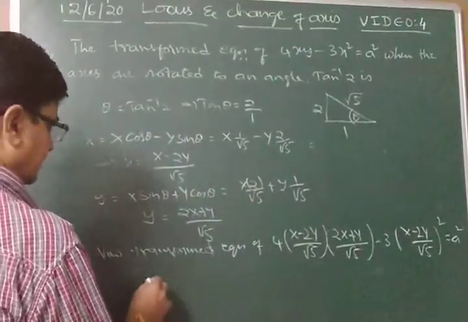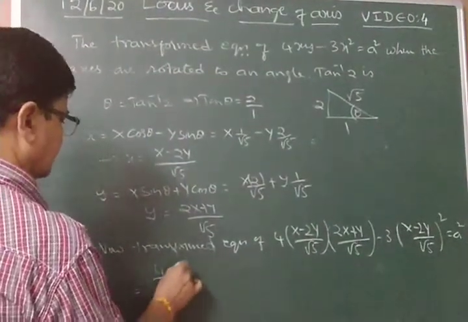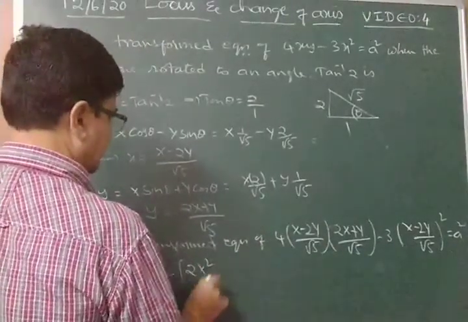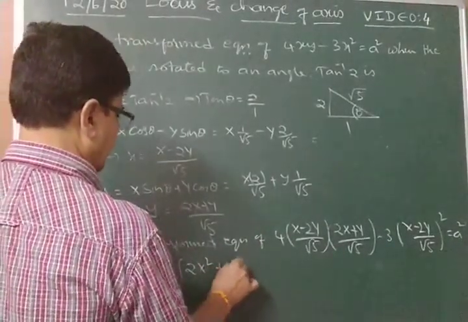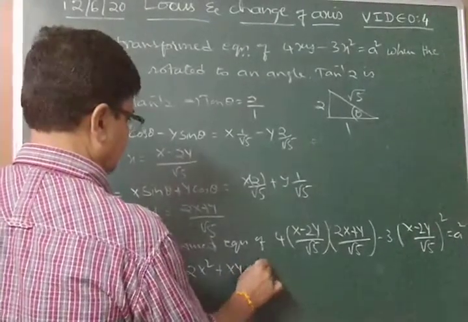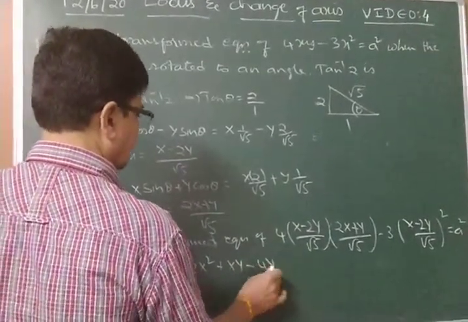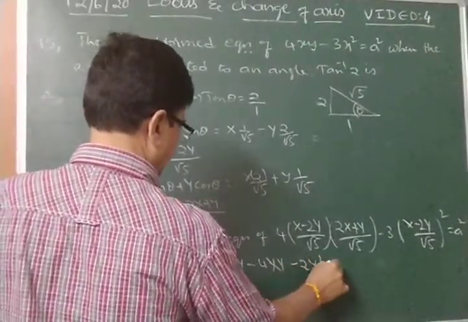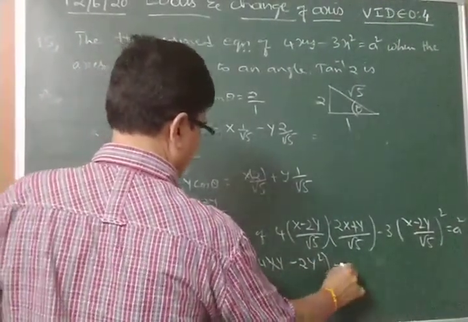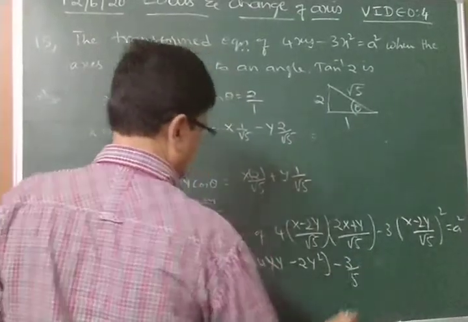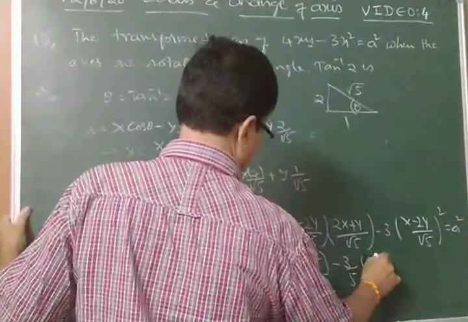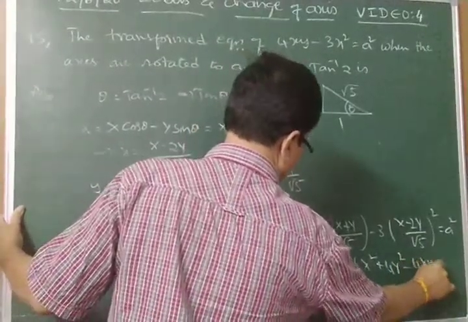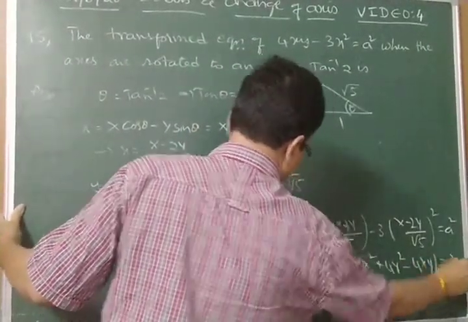Now this is 4 by 5 into (2X square plus XY minus 4XY minus 2Y square) minus 3 by 5 into (X square plus 4Y square minus 4XY) is equal to a square.